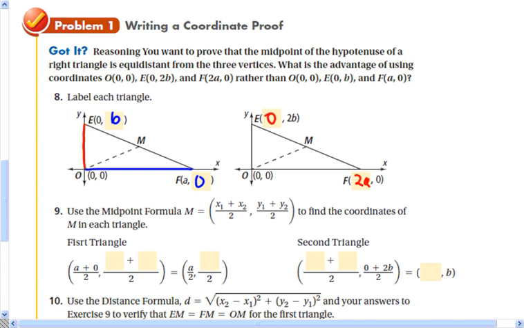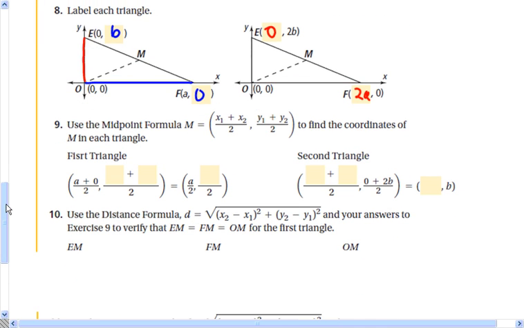All right, and then we're going to use the midpoint formula with each and just see what happens here. So for the first one, if we use (a, 0) to find M, we have to use the midpoint formula, which is to add the x-coordinates together, which in this case would be a plus 0, and then divide it by 2. And then we have to add the y-coordinates together, which are b and 0, divide that by 2.